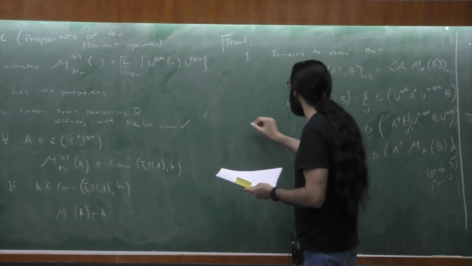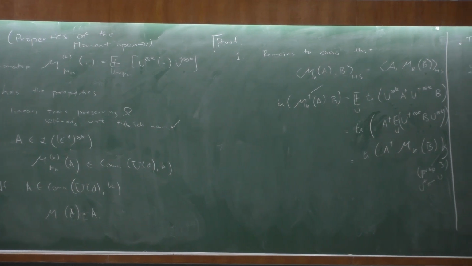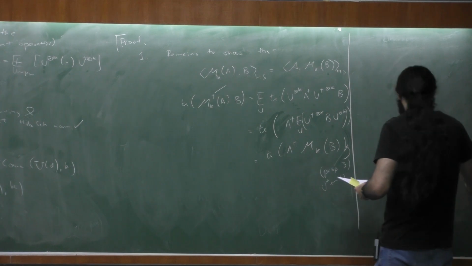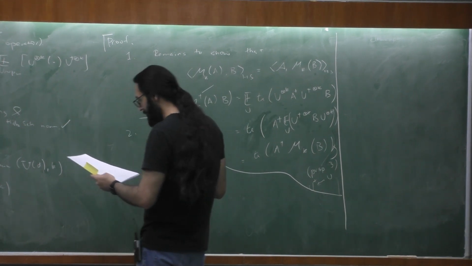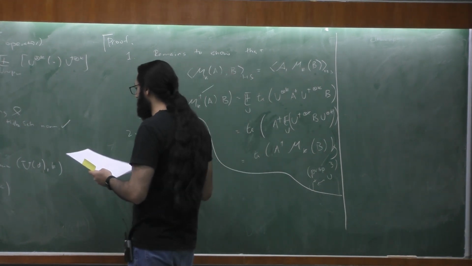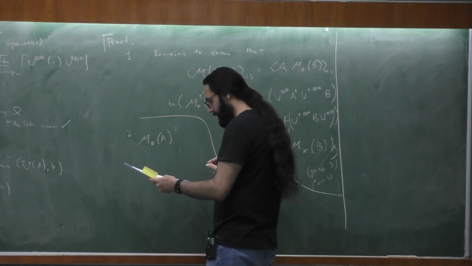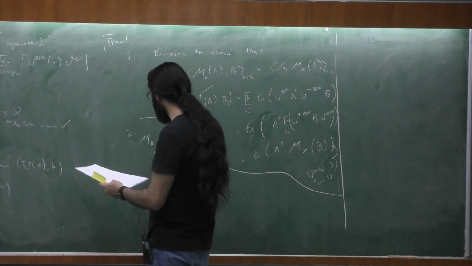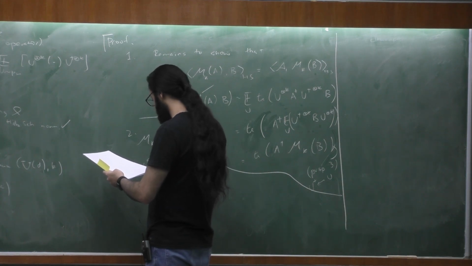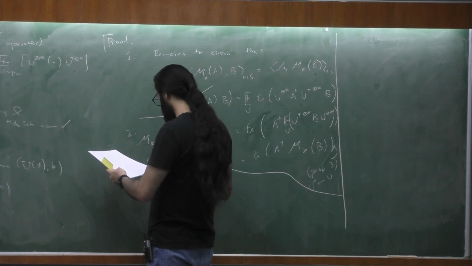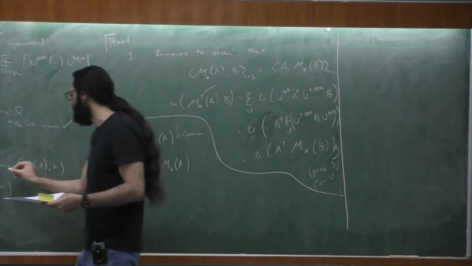Now let's look at the second property. We want to establish that M acting on A is inside the commutant. I'm abbreviating the commutant as just com.